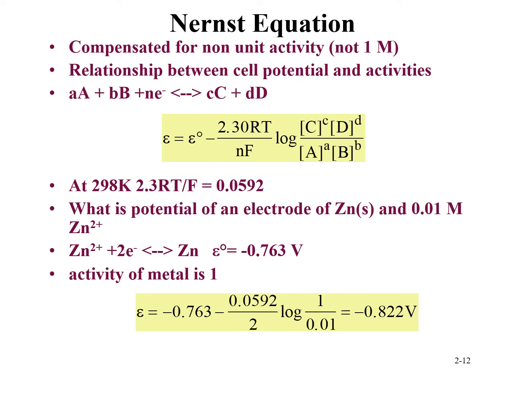So what's the potential for an electrode of zinc and 0.01 molar divalent zinc? That's listed here. Here's the standard potential. We plug this value into the equation, 0.0592, 2 electrons, log of 1 divided by 0.01, and we get a value of negative 0.82 volts.